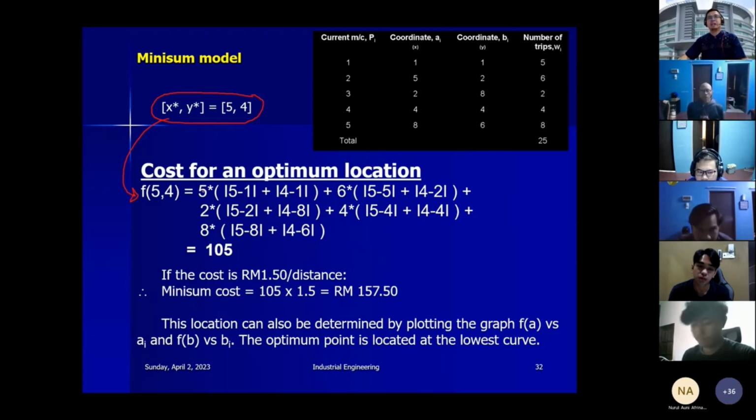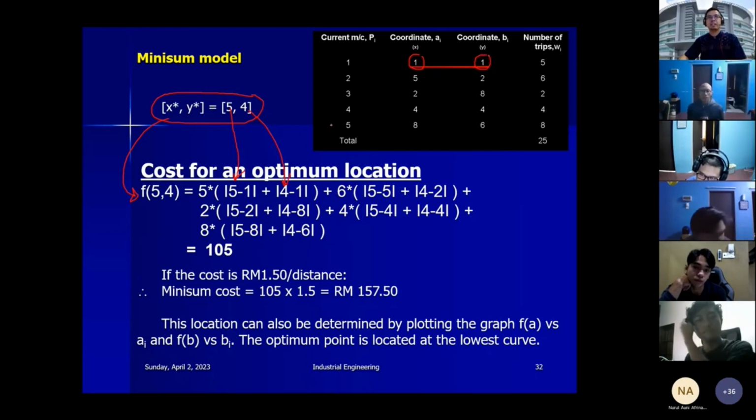So 5 star, still 5 star. 5 here, 4 here. How do we calculate 5 here and 4 here? Please double check. 5 here is here. 4 here is 4 here. So the number of machine number 5. Machine number 1: 1 is X, 1 is Y. So put it here.